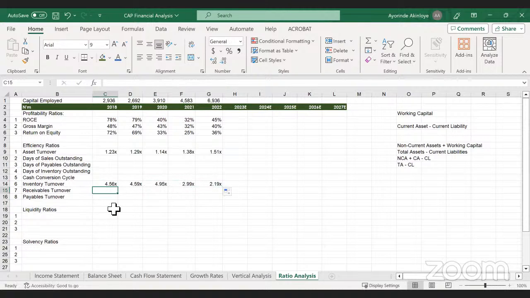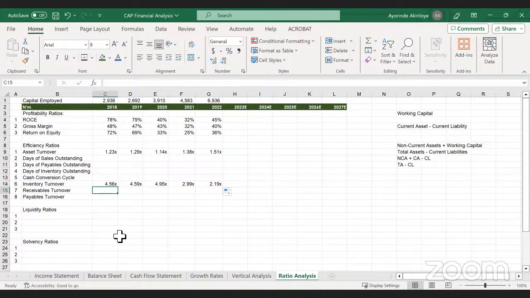So now, let me explain receivables turnover to you. Ideally, the formula for receivables turnover is total credit sales divided by average receivables. So you can see the similarity in turnovers.